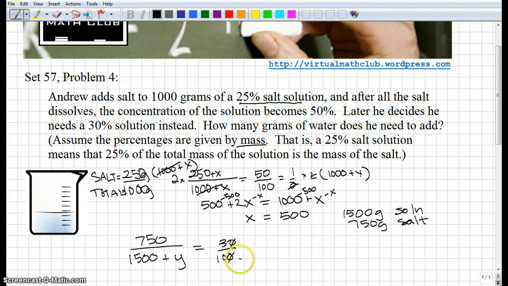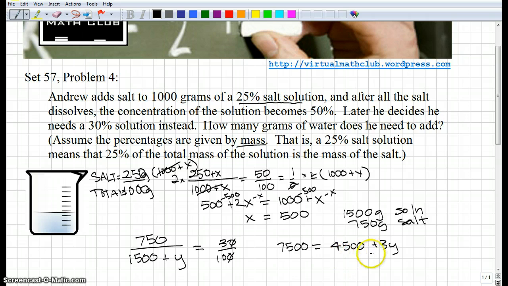So again, let's cross multiply. Then we end up with 7,500, when we cross multiply the 10 times the 750. And then we multiply 1,500 plus y times 3, and we end up with 4,500 plus 3y.